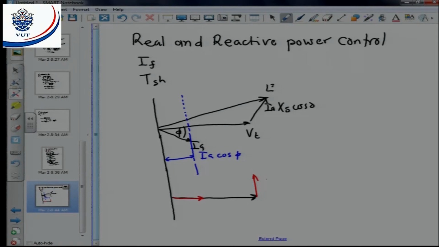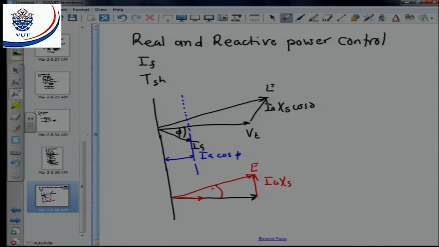Now if we look at our equation, E angle delta is V plus IA ZS angle beta plus or minus phi.